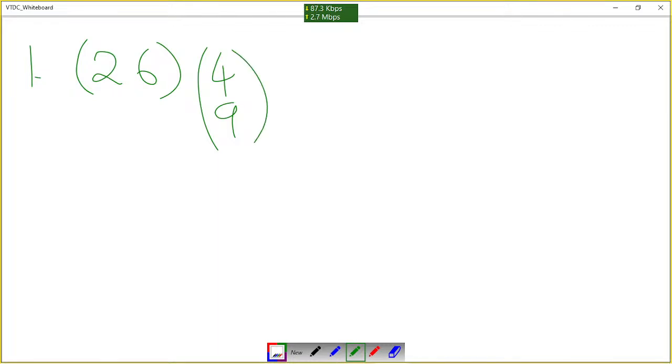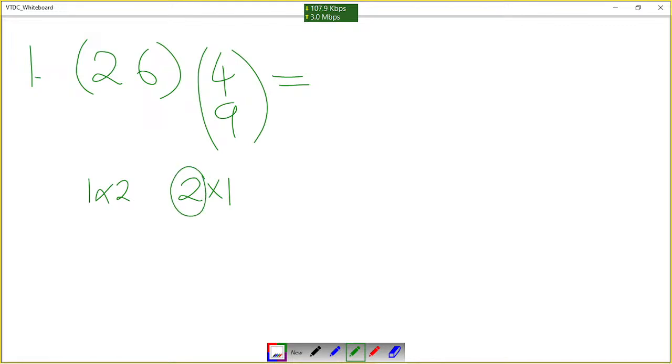So how do we multiply these two matrices? For your own information, this one has the order 1 by 2, and this one has the order 2 by 1.